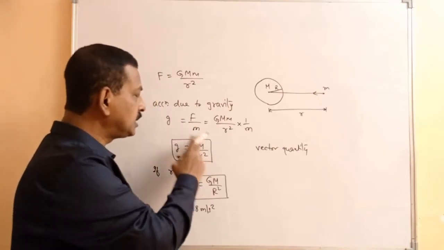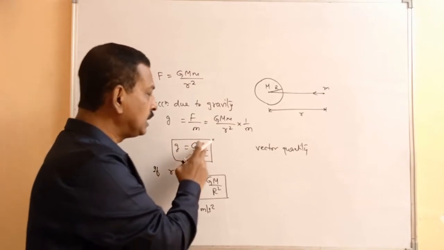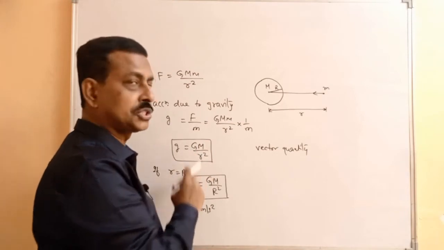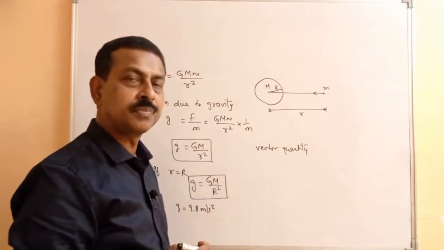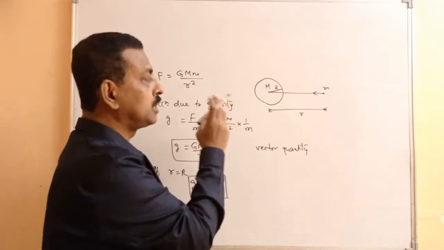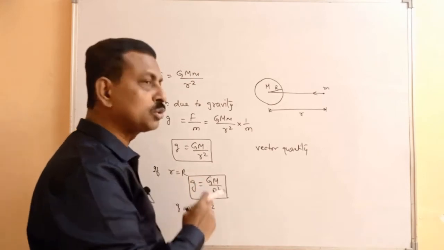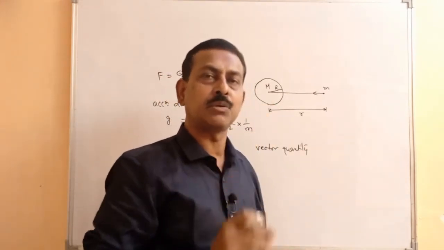Remember that in this expression, it is only the universal constant of gravitation, mass of the Earth and its distance term that is coming. Or in this one, it is the radius of the Earth. There is no term of mass of the body. That means the acceleration due to gravity will be the same for all bodies kept at a particular point.